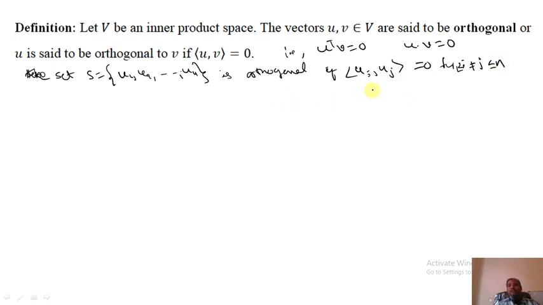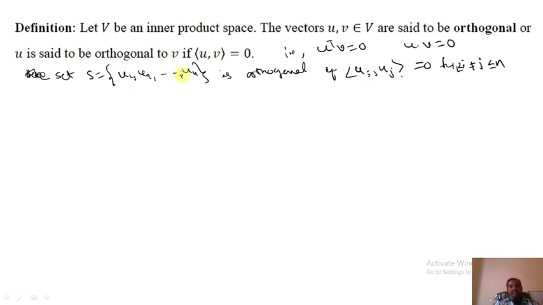That means they are mutually orthogonal. Every vector is orthogonal to the remaining vectors. So u1 is orthogonal to u2, u3, every vector, and u2 is orthogonal to u1, u3, every vector. That means mutually orthogonal, and the set is called an orthogonal set.